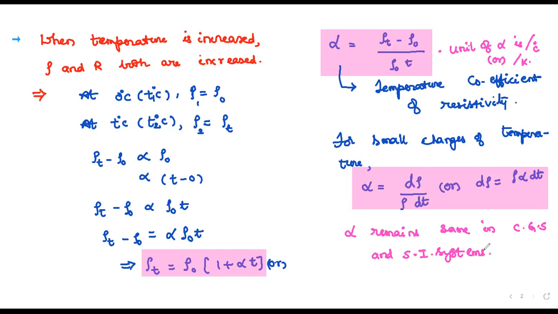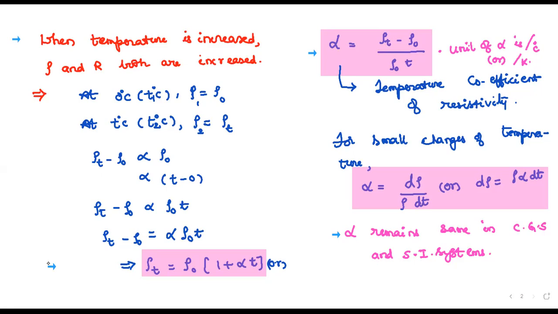Okay. This is the story now, what we have understood. Here you have to raise one question. Sir, the formula you derived by taking the initial temperature as 0 degrees Celsius.